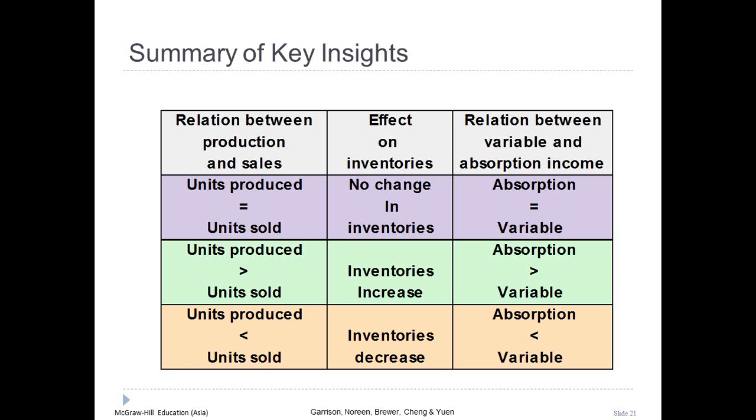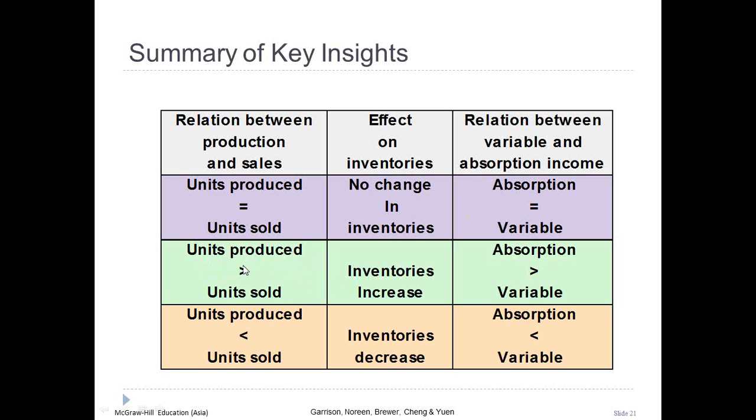When units produced equal units sold, the two methods report the same net operating income. When production equals the units sold, there's no change in inventories. Absorption equals variable. The two methods are the same.